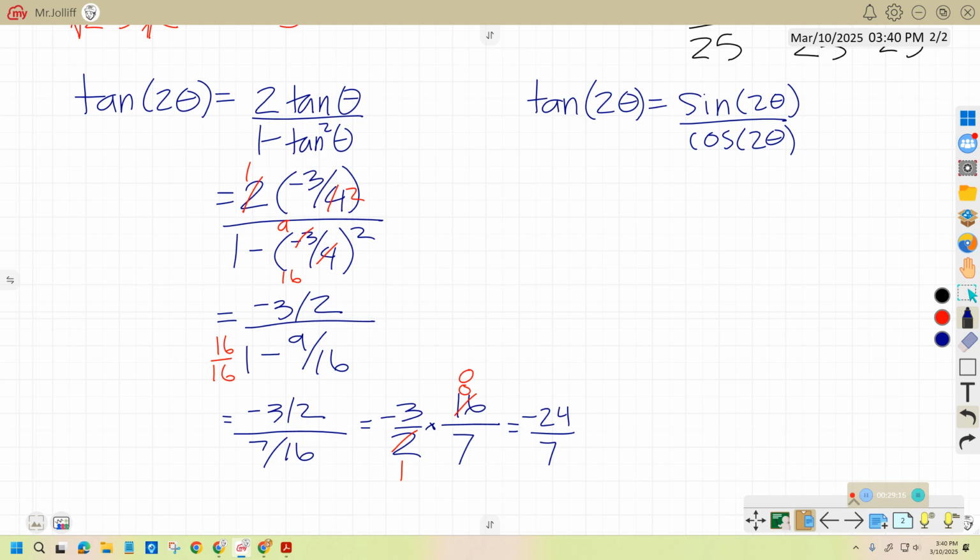I can go straight to a fraction that doesn't involve any subtraction or addition. What was our double angle for sine? -24/25. Perfect, so numerator is -24/25. Denominator cosine was 7/25.